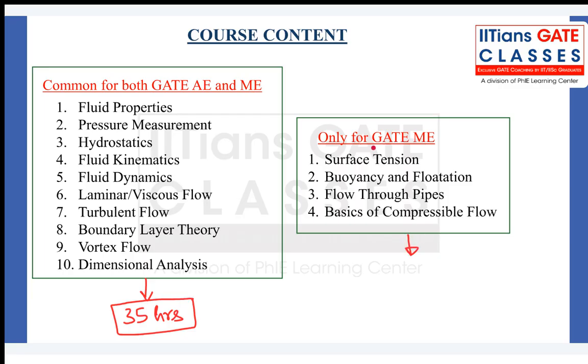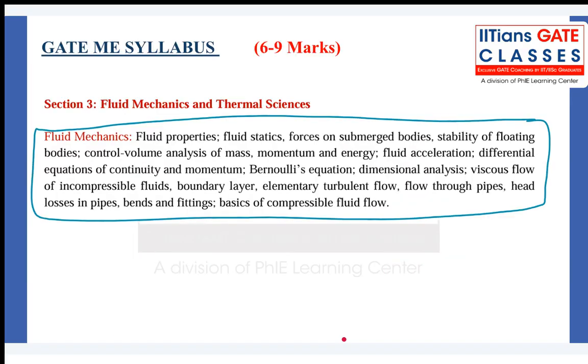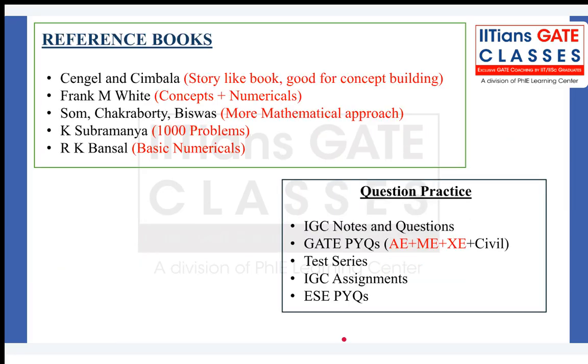We will spend some additional 20 hours on this section. So this is how the course has been designed. These topics and syllabus you can get on the official GATE website. So there is nothing new.